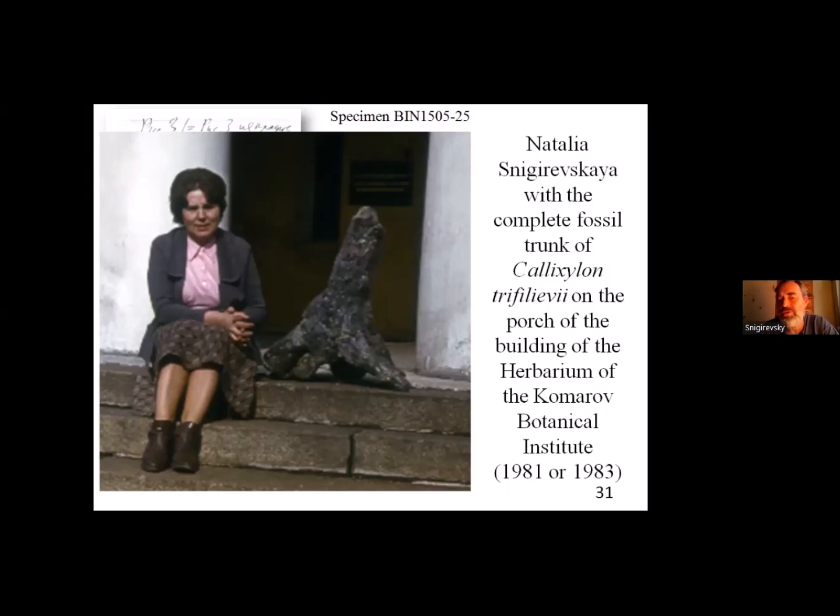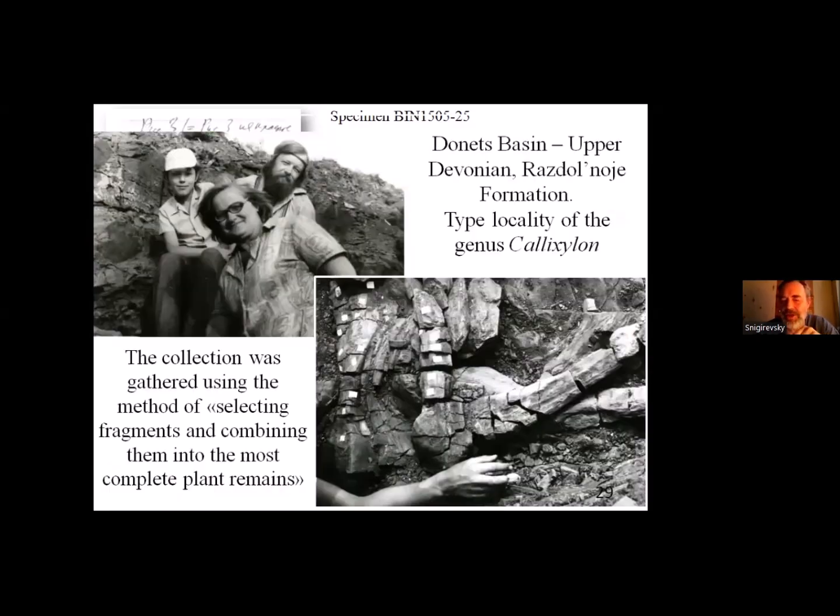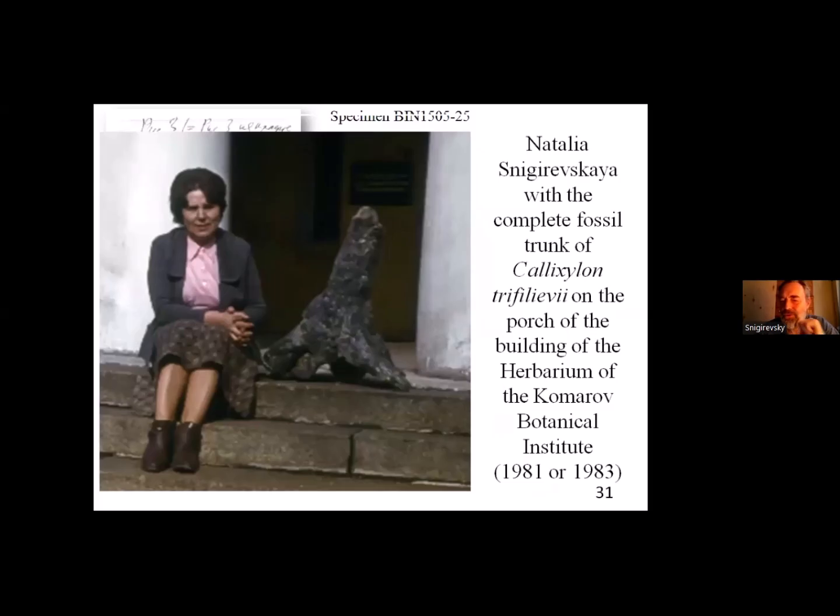it is one of the important findings of these woods, because it shows different types of stumps of Kalixylon. This is one, yeah, and this is the second. Please don't forget about these different types of stumps, yeah.